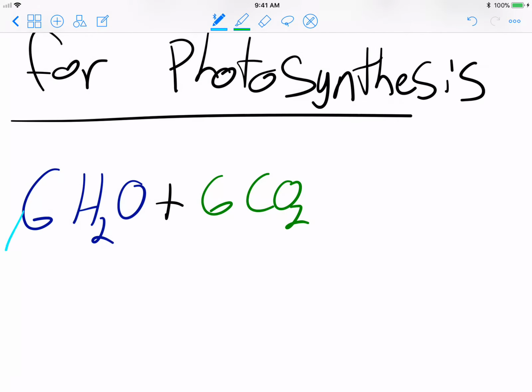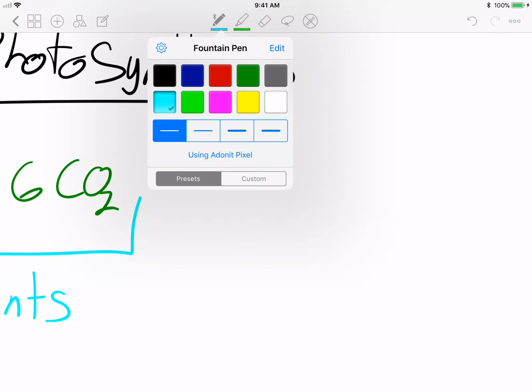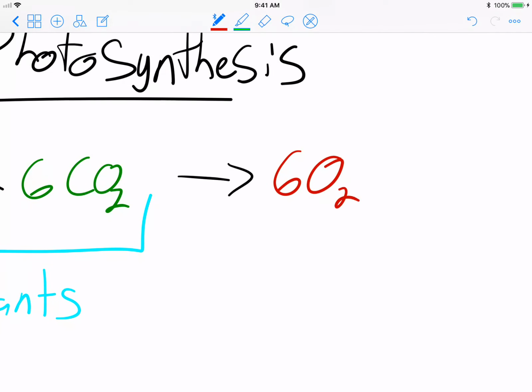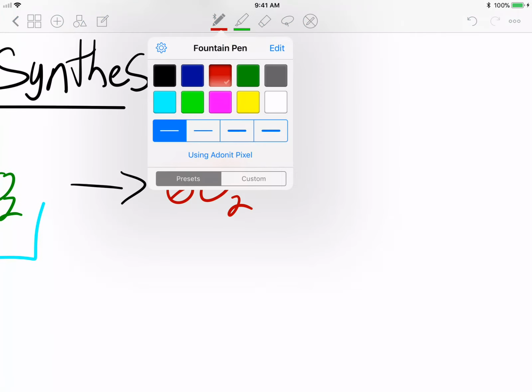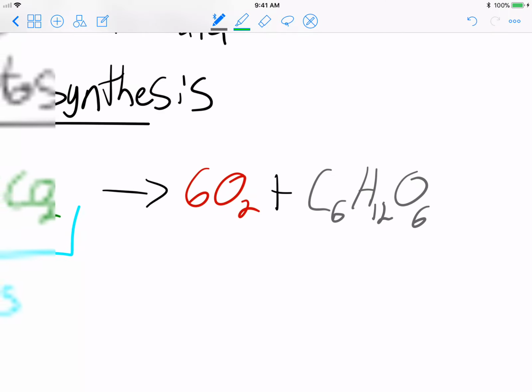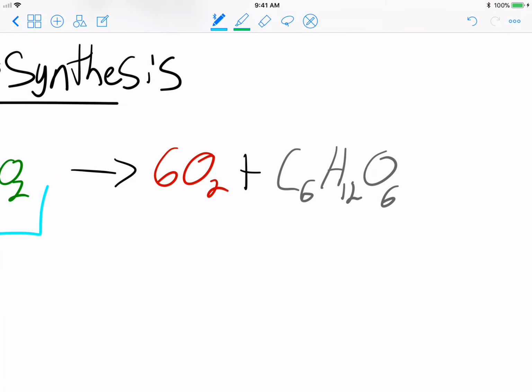Now, you'll want to remember, these two right here are reactants. Okay, that is very important to remember. Those are reactants. Those two react to form 6 O2, or oxygen molecules, and our new big molecule we need to memorize, glucose, C6H12O6. And these two were our reactants, these two are called products.